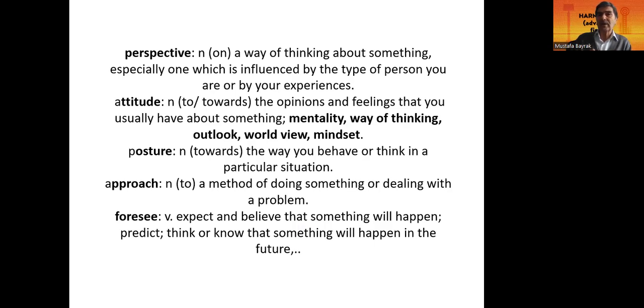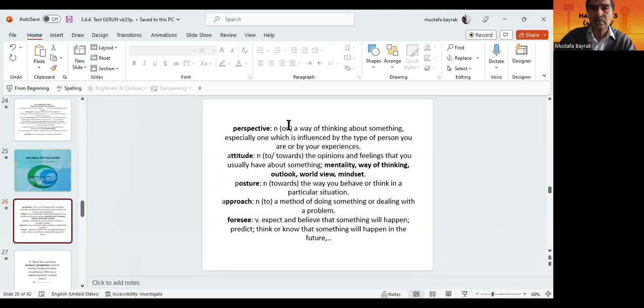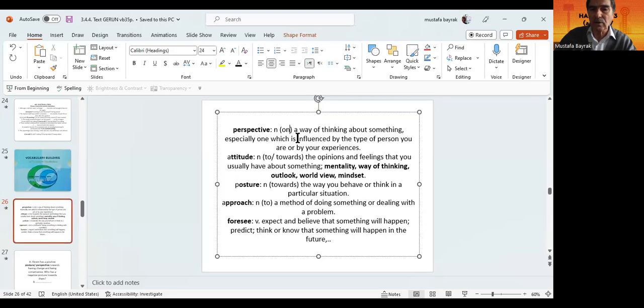Attitude is like perspective, but its preposition is to or towards, not on, about, okay? Perspective on or perspective about, we use those prepositions after perspective, but we use to or towards with attitude.